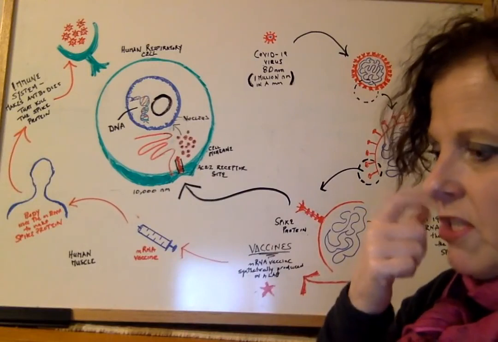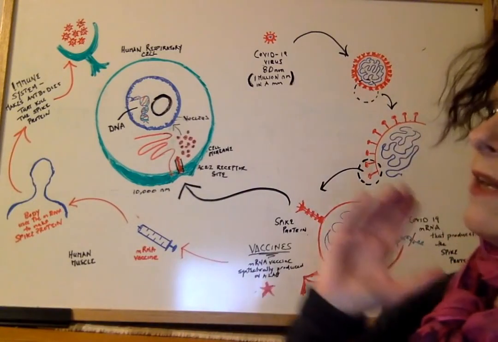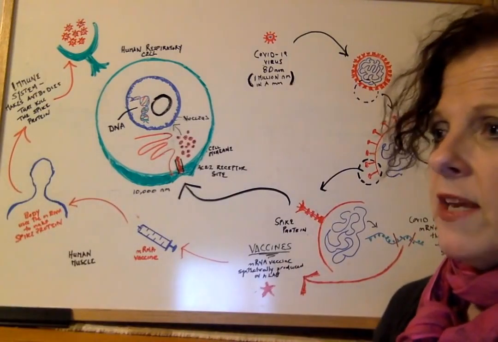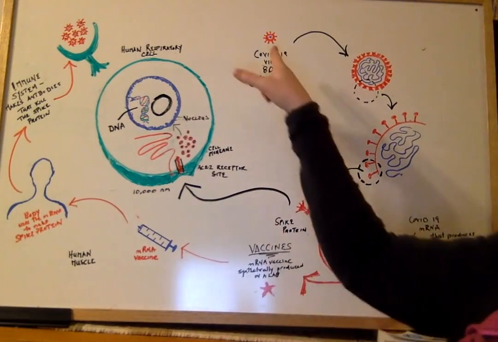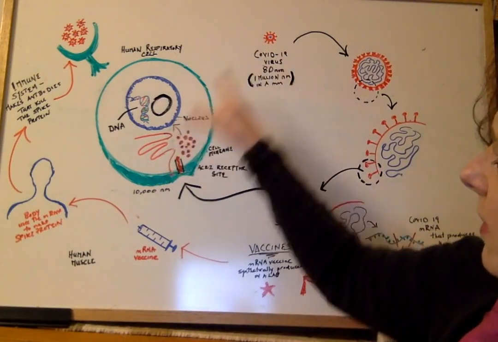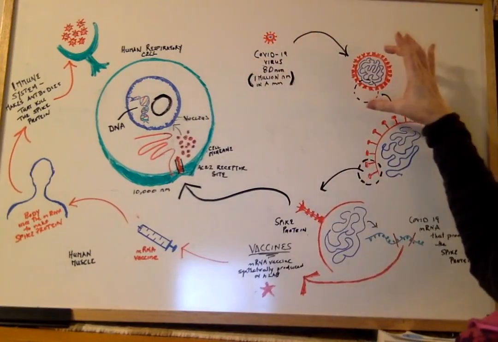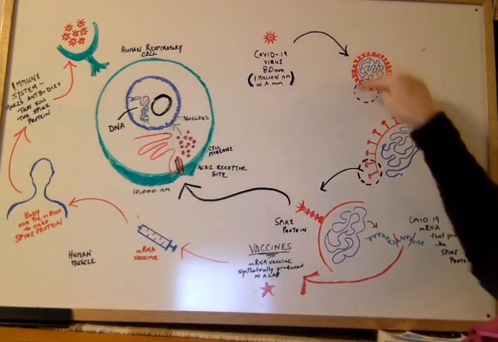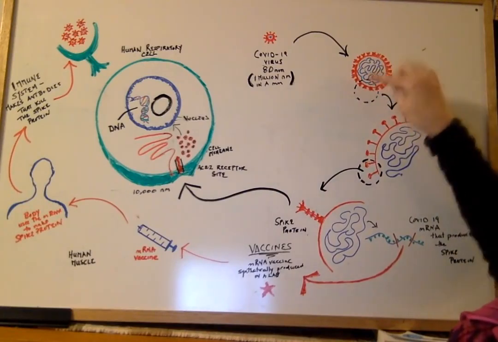RNA is its genetic material, and apparently in the COVID virus, there is a long, long strand of its genetic material, a long strand of RNA. So here's how tiny the virus is compared to our cells. Here's the virus just a little bit enlarged, and I want to focus in on the surface of the virus because the surface of the virus has these spike proteins.